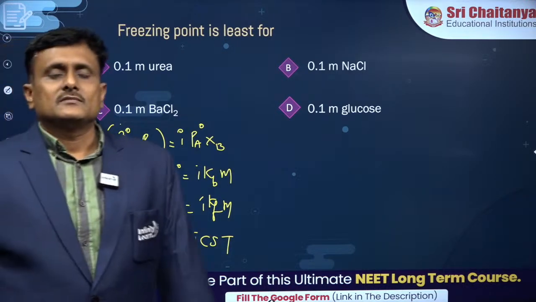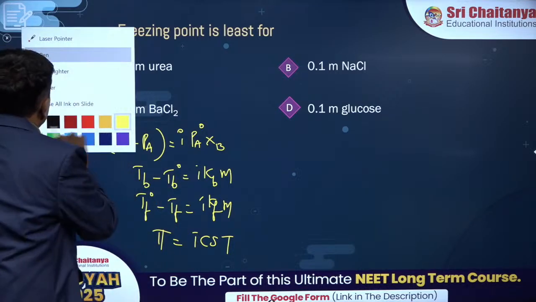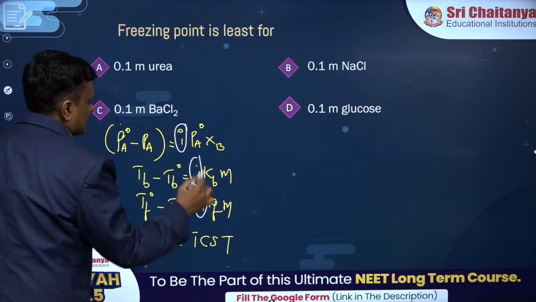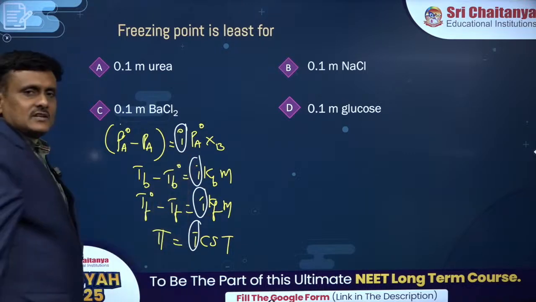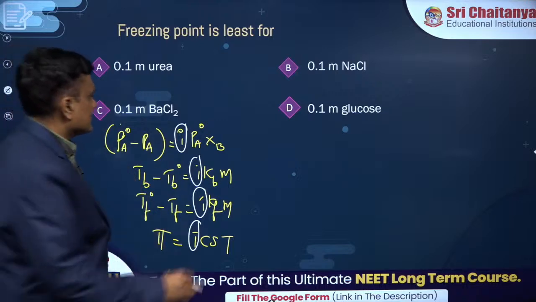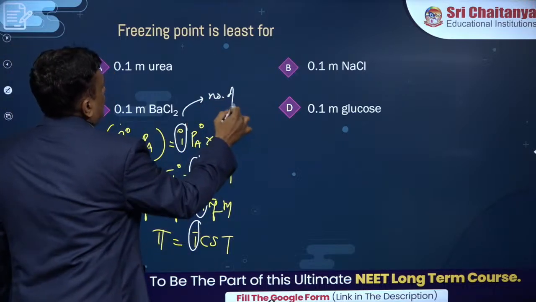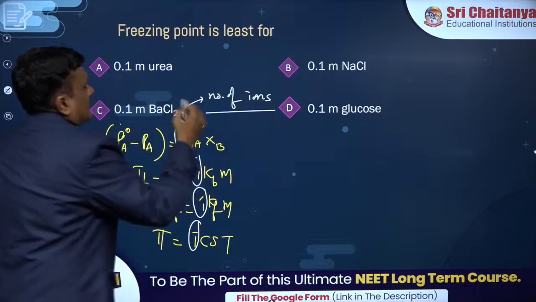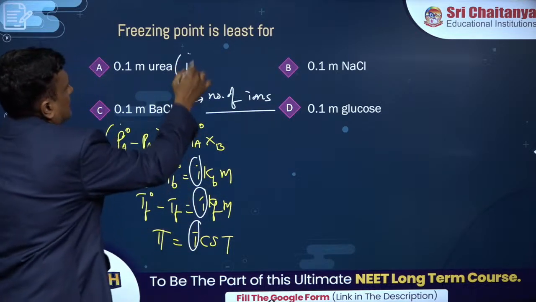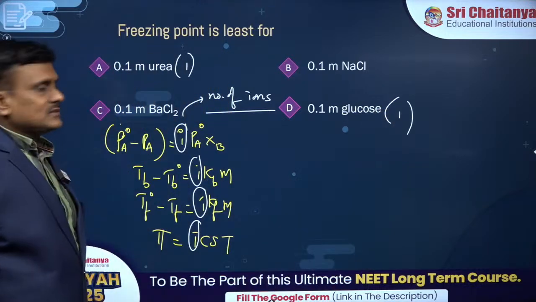Remember this. You will include i, the Van 't Hoff factor, if your electrolyte solute is present, right? Consider if i is high. You know that i is nothing but the number of ions produced by 1 mole of salt. For non-electrolytes like urea and glucose, the i value is equal to 1.